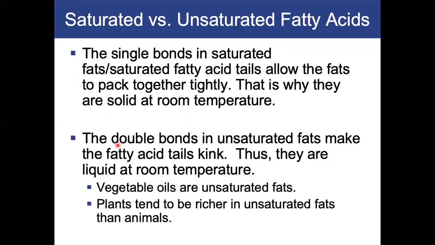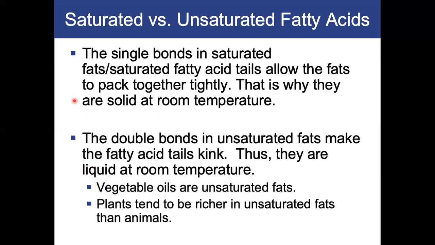The double bond in unsaturated fats makes that fatty acid tail kink. And so you can tell if a fat is an unsaturated fat because it's a liquid at room temperature. So think of vegetable oils like olive oil, grapeseed oil, what have you. Coconut oil is a little bit tricky.